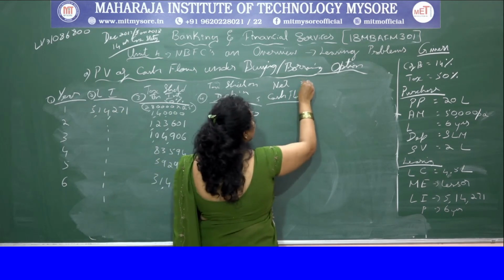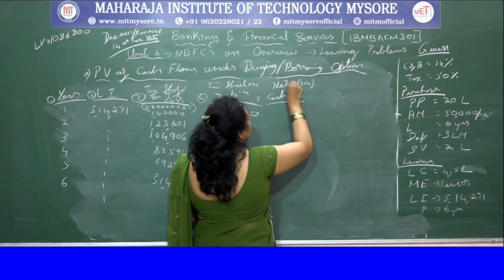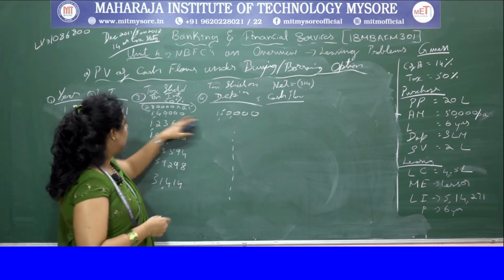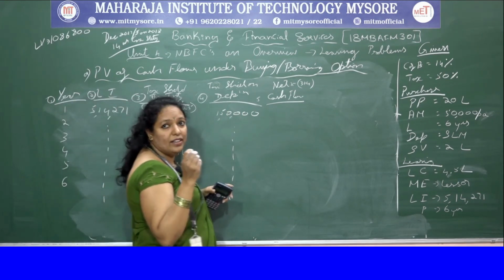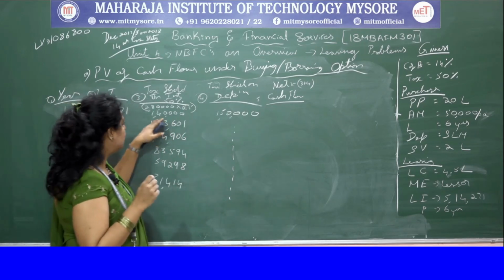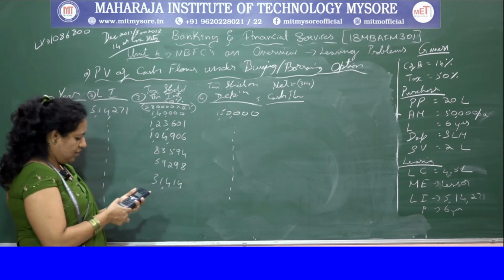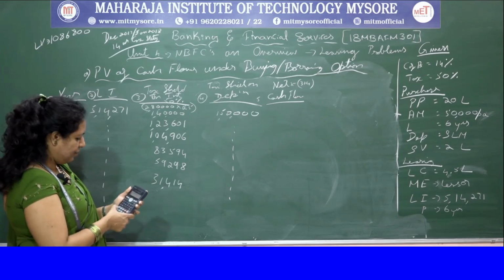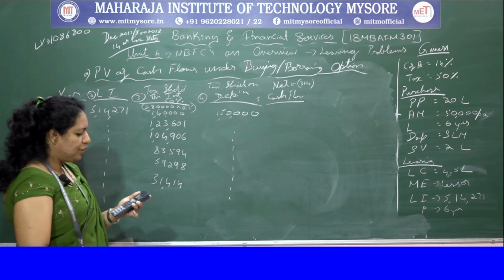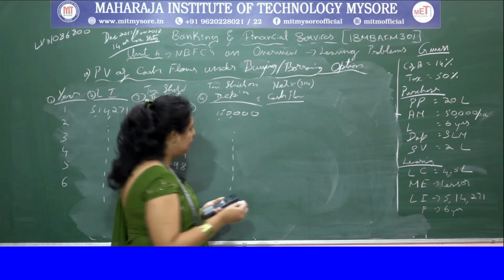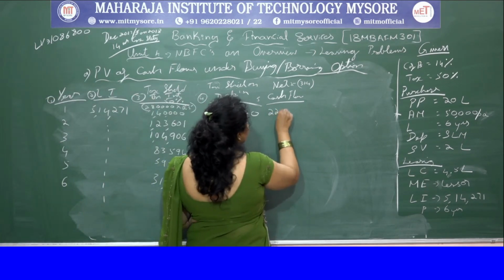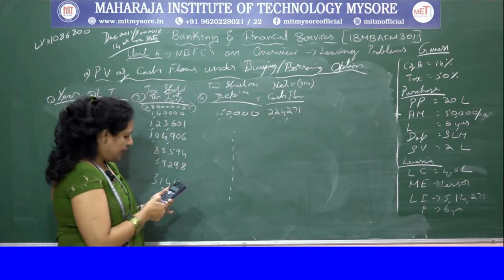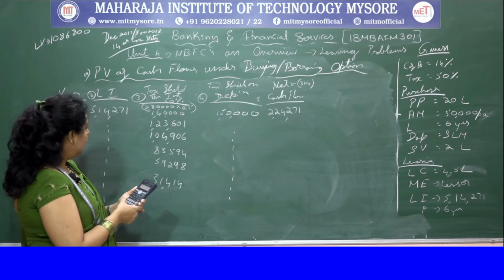So 2,90,000 you get if you add these two. 2,90,000 minus 5,14,271, you get 2,24,271. In the same way, you have to do it for everything.